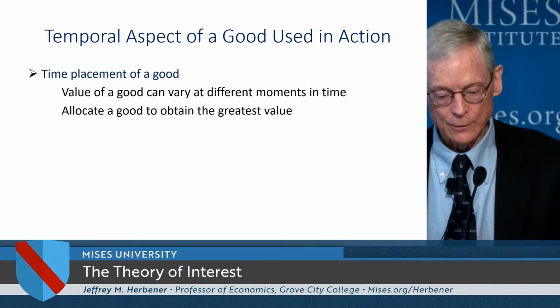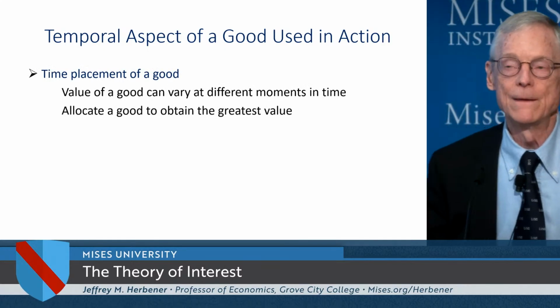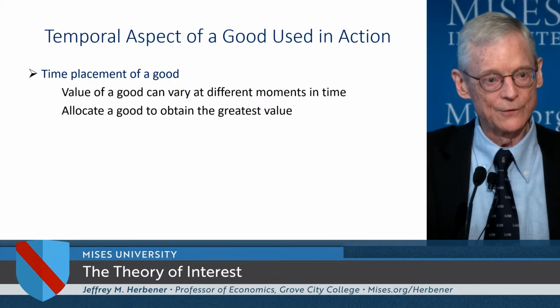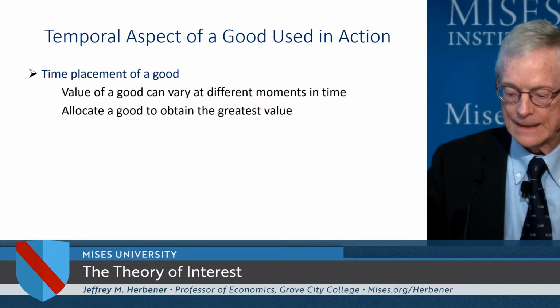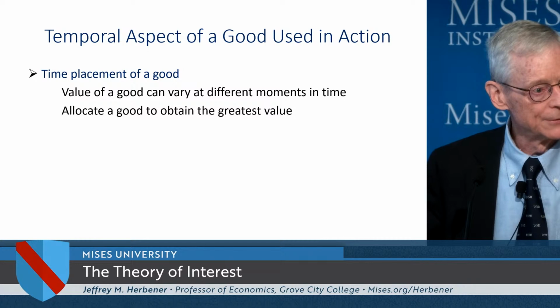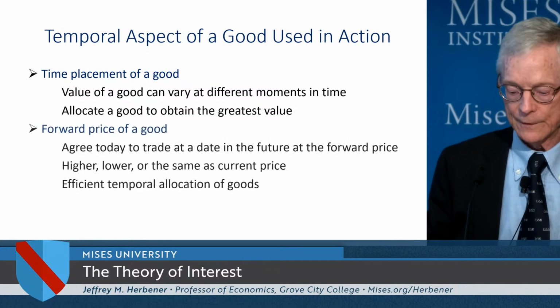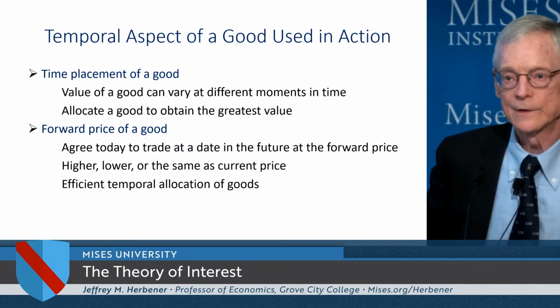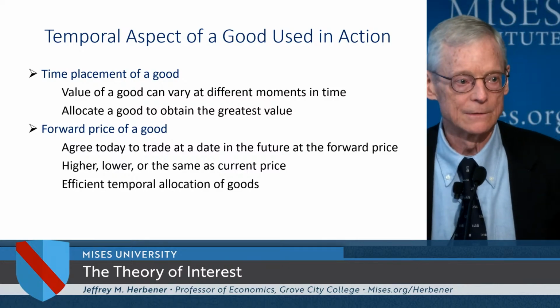And because of this, of course, the good itself, or any particular good in principle, could have a higher value at one moment and a lower value at another moment. And in the market, this is what leads to forward prices. This, by the way, is completely distinct and independent from the interest rate.